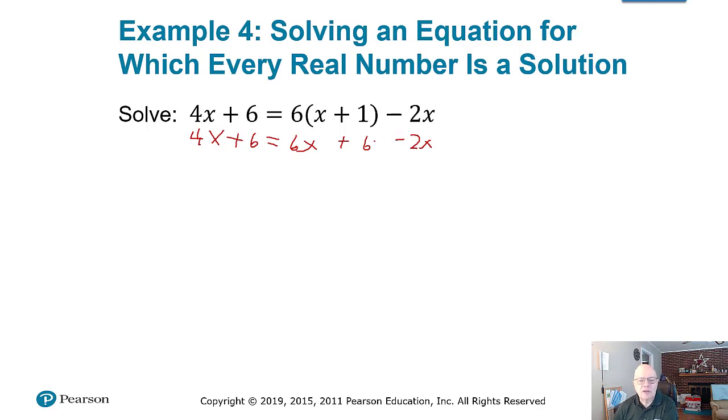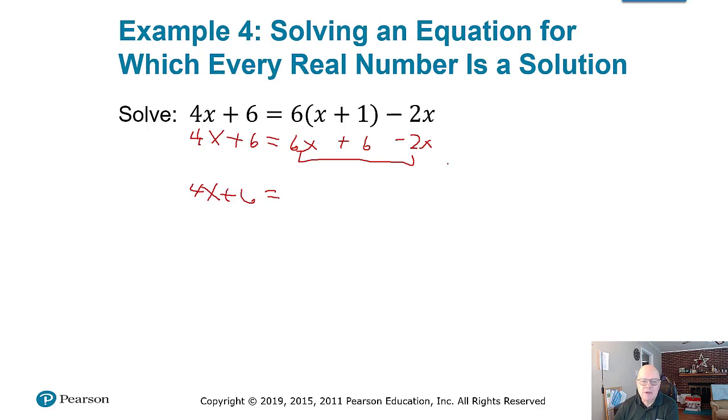All right, what do we have to do now? Well, on the right-hand side, we've got x terms both places on the same side, so we're going to combine those two for the next step. So we'll just bring down this 4x plus 6 equals.